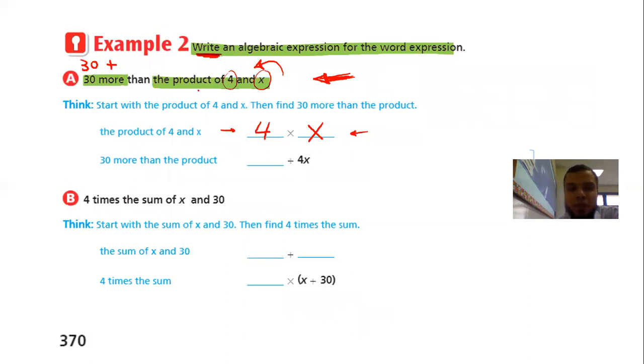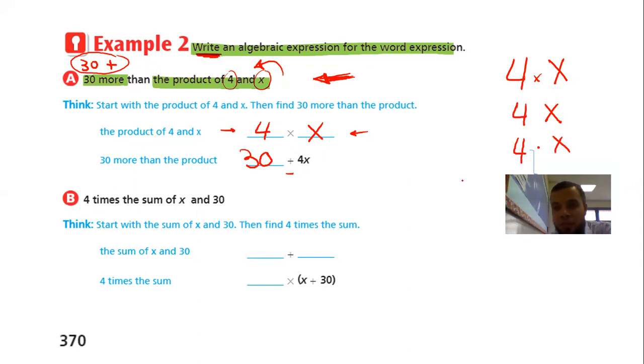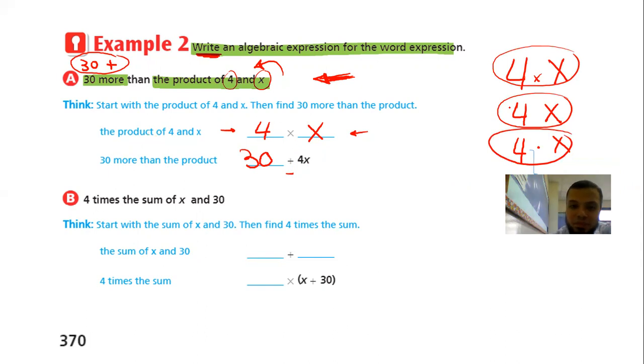So write this translation, 30 plus 4 multiply x means 4x. We have studied before, 4 multiply x, the same thing, 4x. And you can write it this way, 4 dot x. They are the same, right?